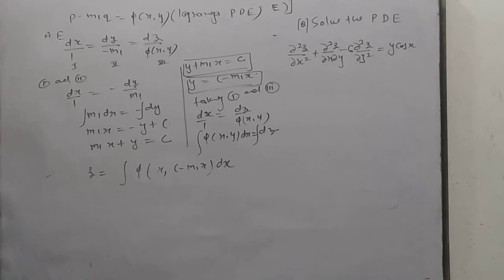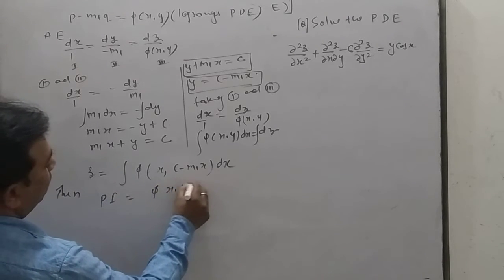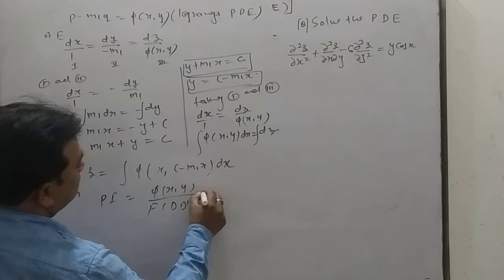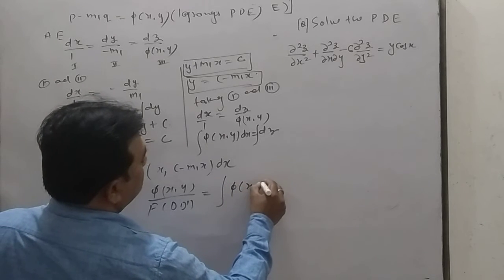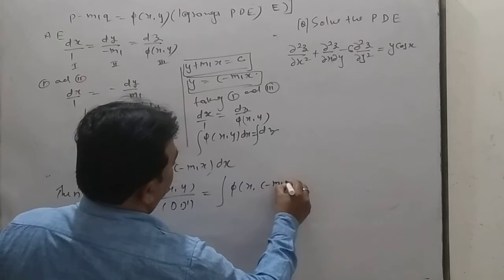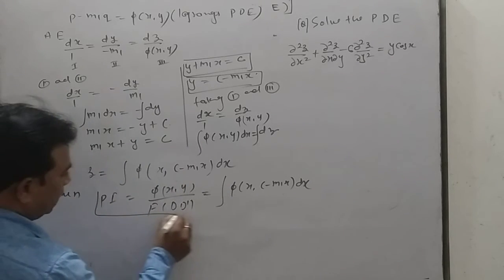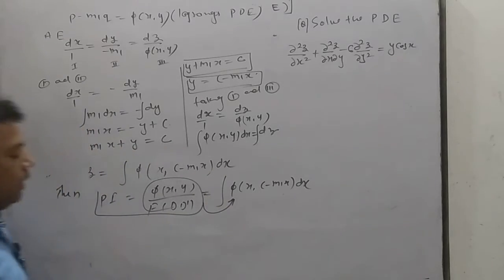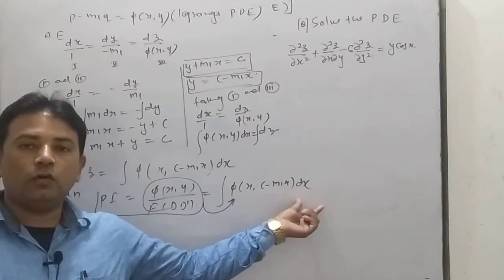Then PI, phi of x comma y upon f of D and D dash, equal to the integration of phi of x comma c minus m1 x into dx. So we replace the function in this form and integrate with respect to dx.